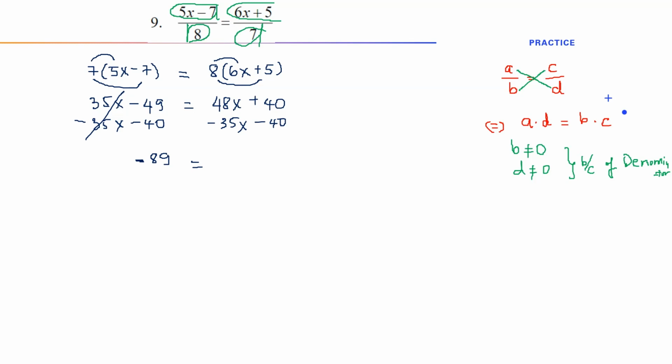Equal 48 minus 35x is 13x. 8 minus 5 is 3, and then 4 minus 3 is 1. Now we can divide both sides by 13. And x equals negative 89 divided by 13.